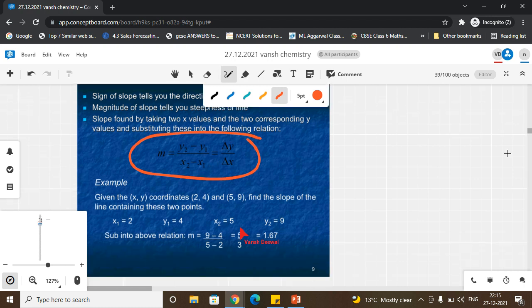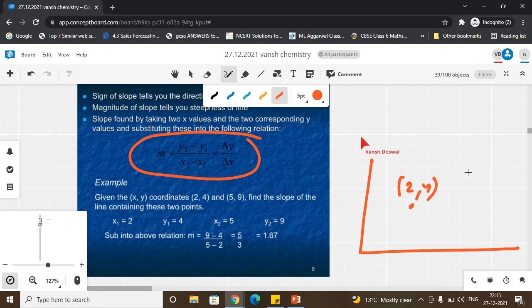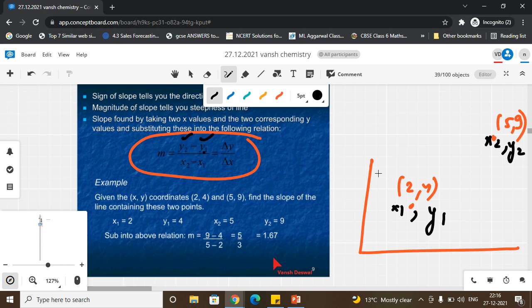Suppose they have given you a graph. I'm drawing a graph. Suppose we have the point 2 comma 4 somewhere here, and you have 5 comma 9, and they ask you what is the slope of these 2 points. You will simply use the formula. This one becomes x1 comma y1, and this becomes x2 comma y2. We'll use the same formula, y2 minus y1, which is 9 minus 4, and x2 minus x1, which is 5 minus 2.